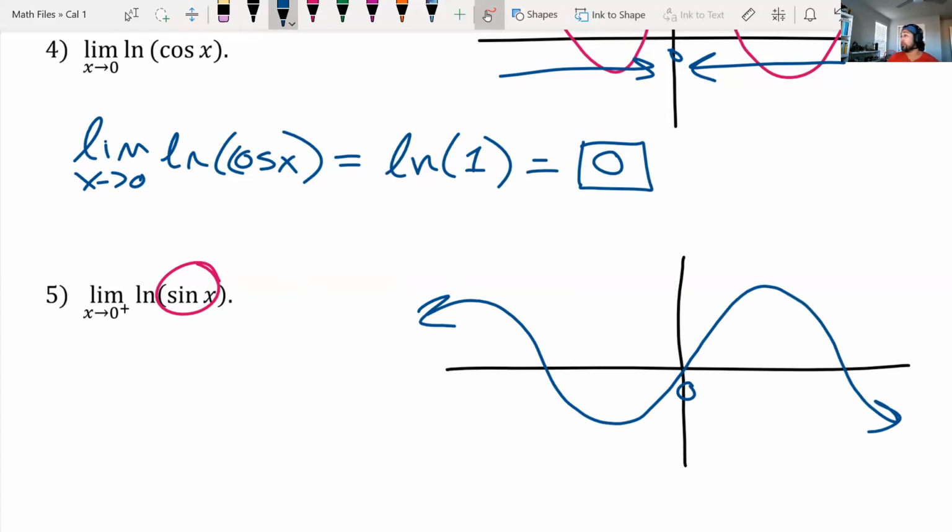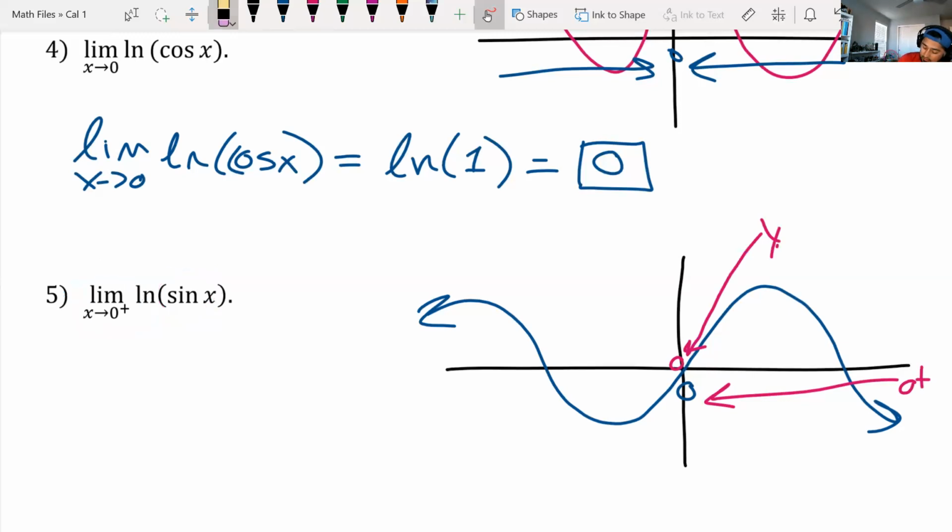So now, once you graph your function, you apply your limit. We are approaching 0 from the right. So as x approaches 0 from the right, y is getting closer to what number? 0. Good. Y gets closer to 0.